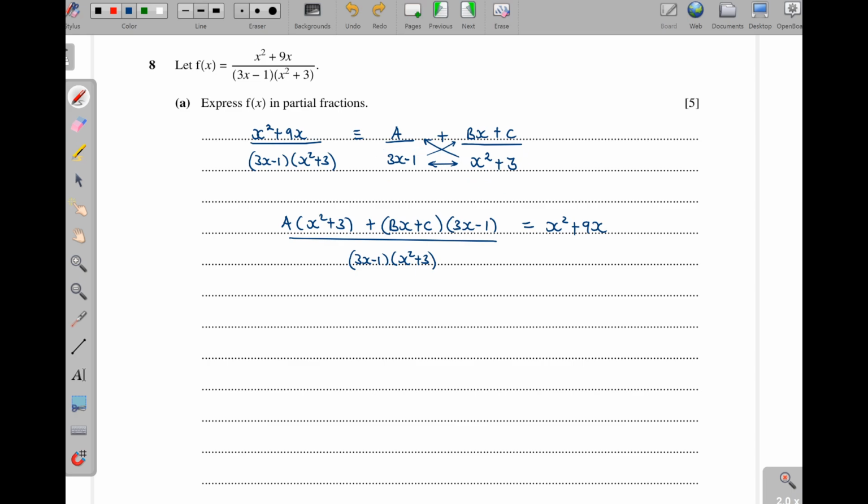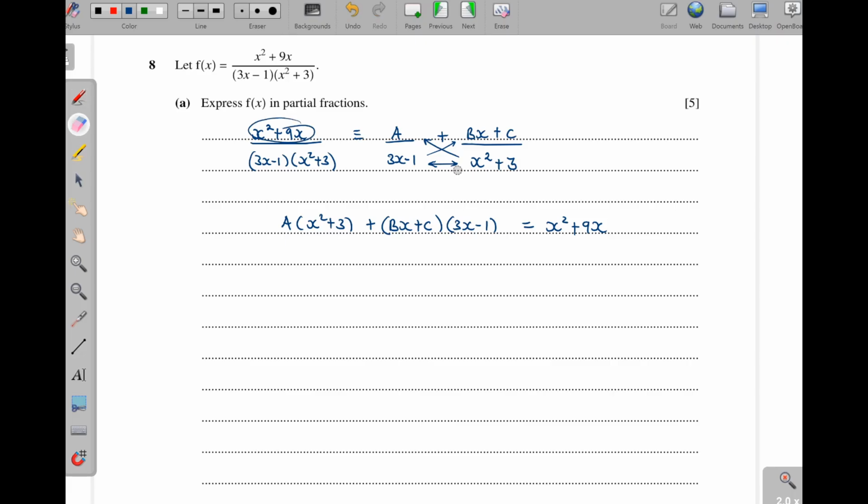But also this is the denominator. It has the same denominator. So if the denominators are equal, they cancel out, and then these will be the numerators. So that's why we just equate it to the numerator that we are seeing here.